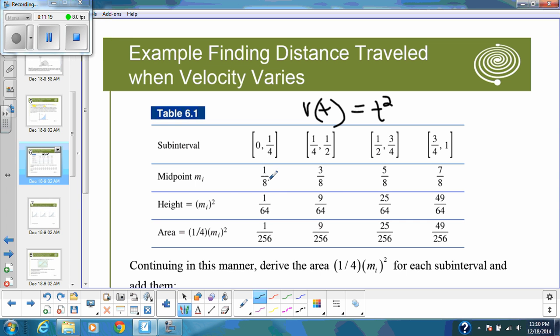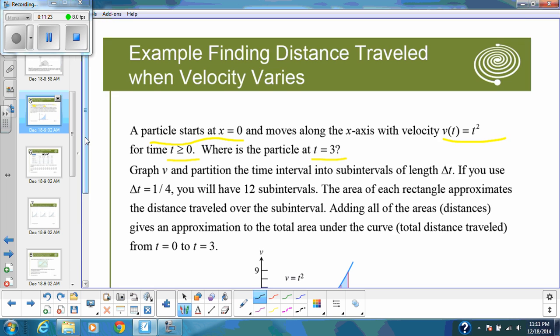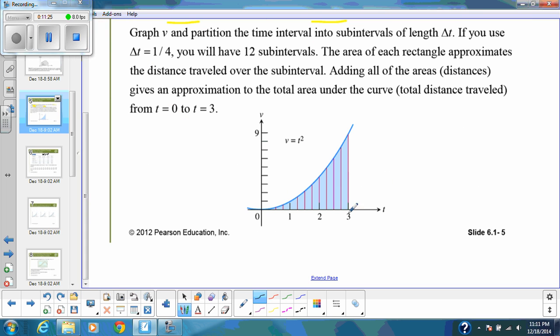So if we jump back to this previous diagram, if we just looked at this one rectangle right here, what we're doing is finding the value right in the middle, finding how tall it is there, and considering that rectangle.